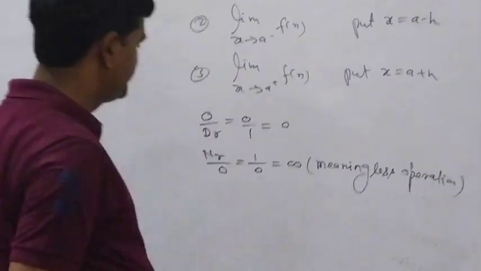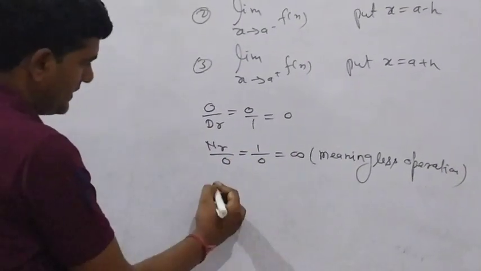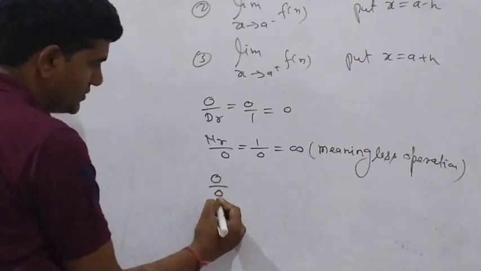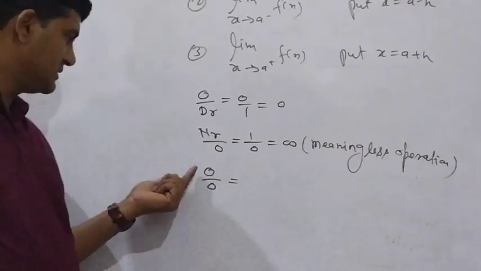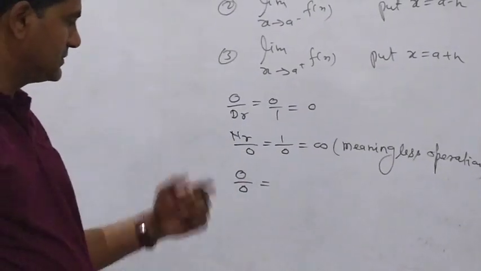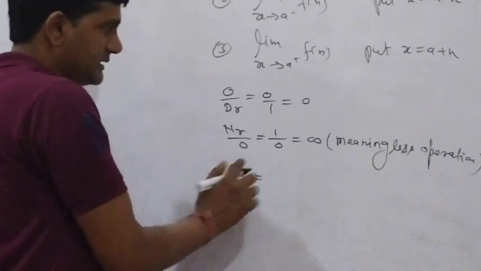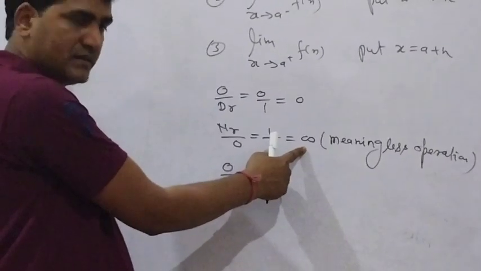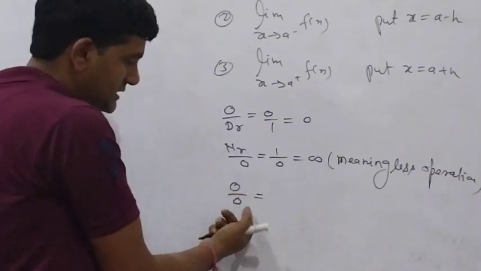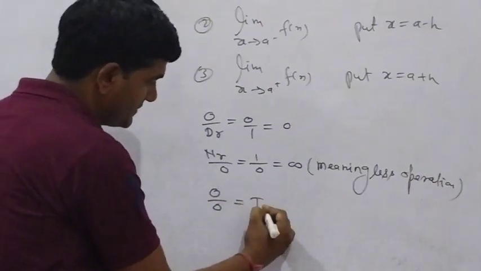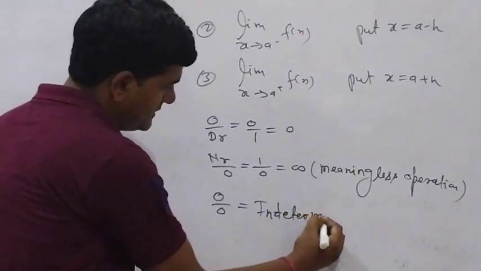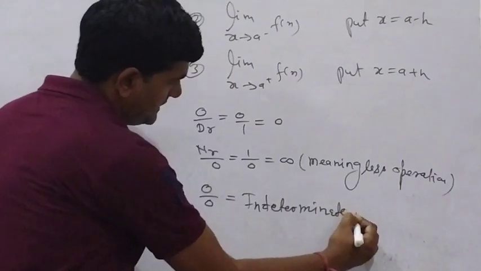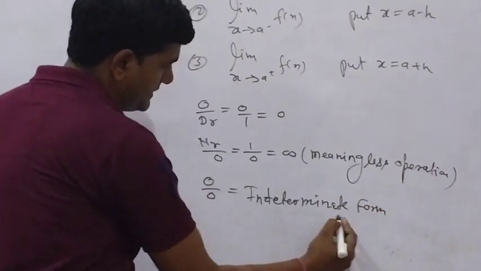Meaningless operation, undefined here. And here 0 by 0 is very important, because I think this is the first time we are seeing 0 by 0. 0 by 0 means neither 0 nor infinite. What is this value? This value is an indeterminate form. Indeterminate form, clear?